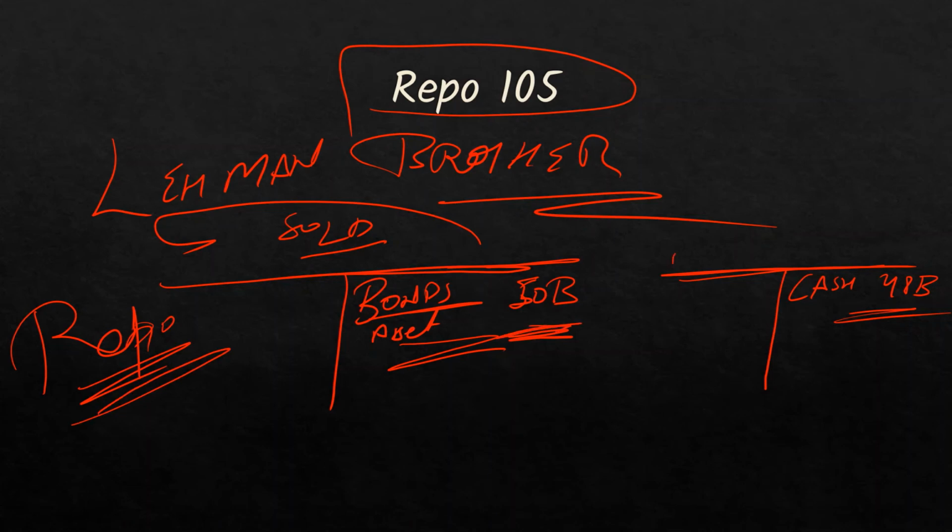They got a cash of 48 billion. To show a balance sheet with 50 billions of a bond which is not of good quality gives a concern to the shareholders. They might default.